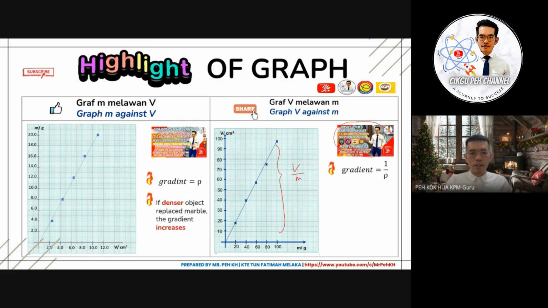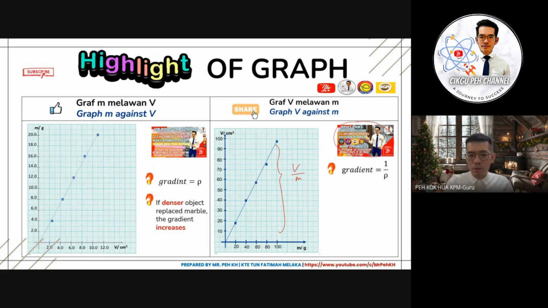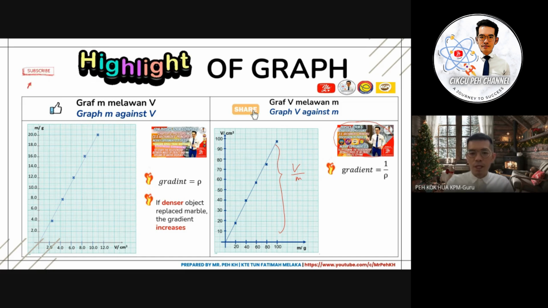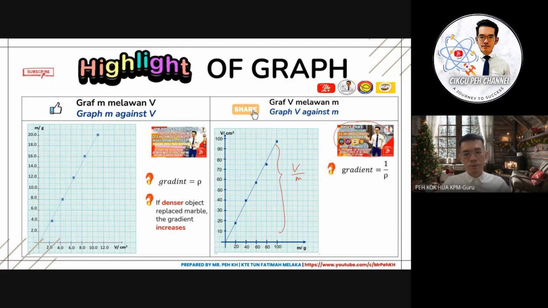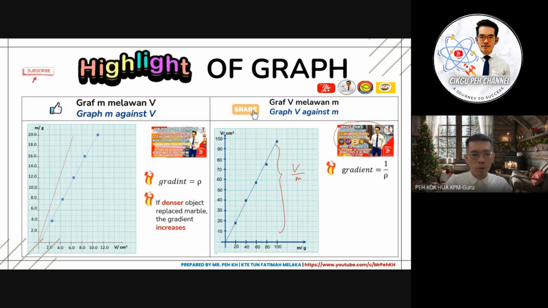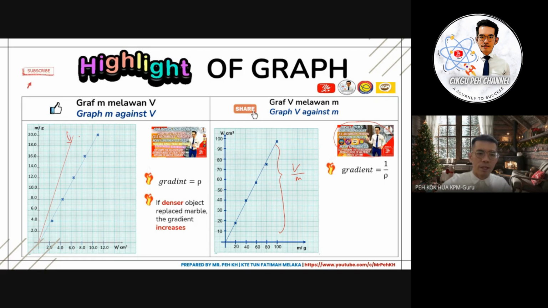Let's say the question now asks if a denser object replaces the marbles, how is the gradient affected? You should get the gradient increases, as the gradient of the graph represents the density of the object. When we use an object with greater density, it should have a greater gradient for the graph M against V. So the graph we expect will be above the blue line here, shown by the red line.